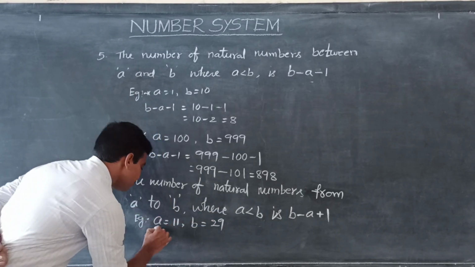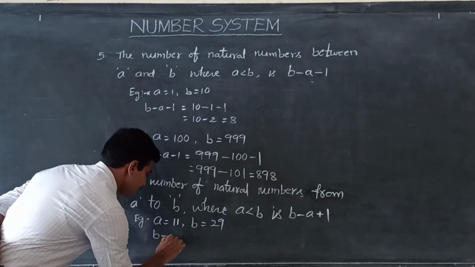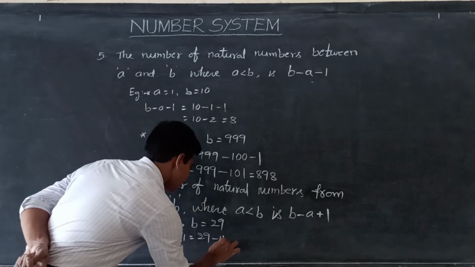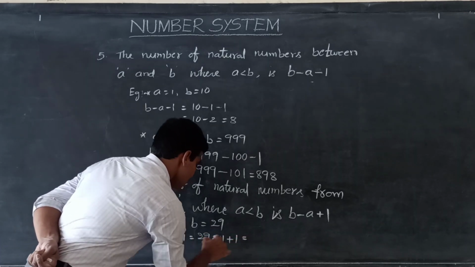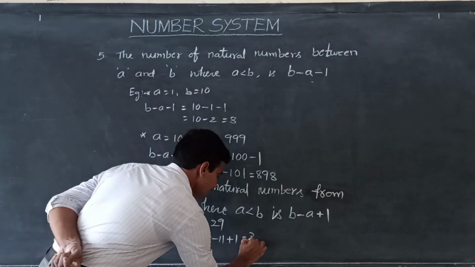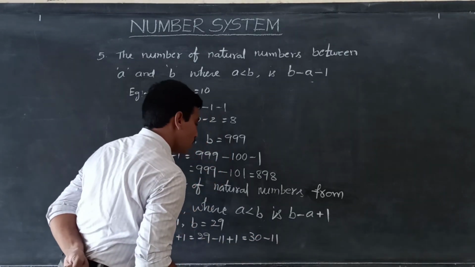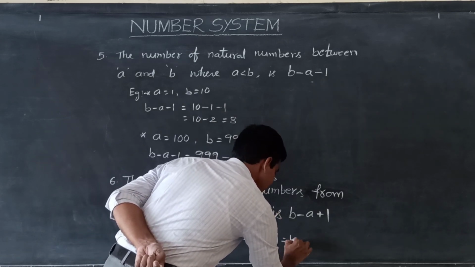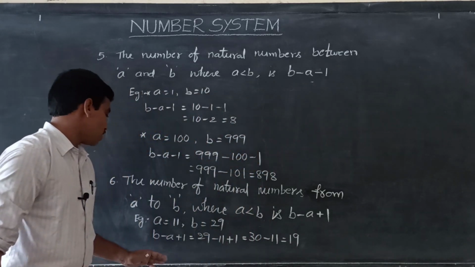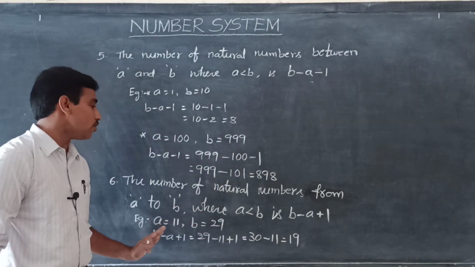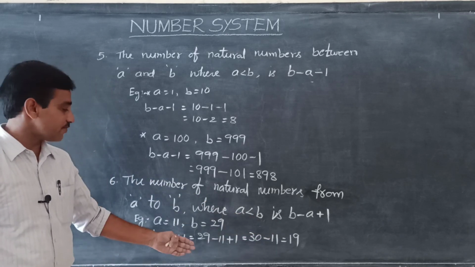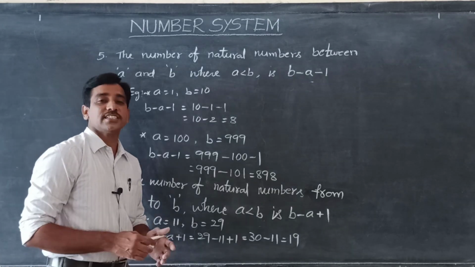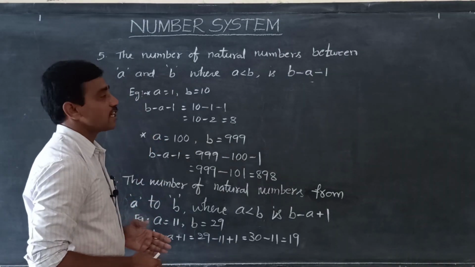We use the formula, B minus A plus 1, that is 29 minus 11 plus 1. 29 plus 1 is 30, 30 minus 11 is 19. So from 11 to 29 we have 19 natural numbers. In this way we use this formula. I hope you understand about natural numbers.